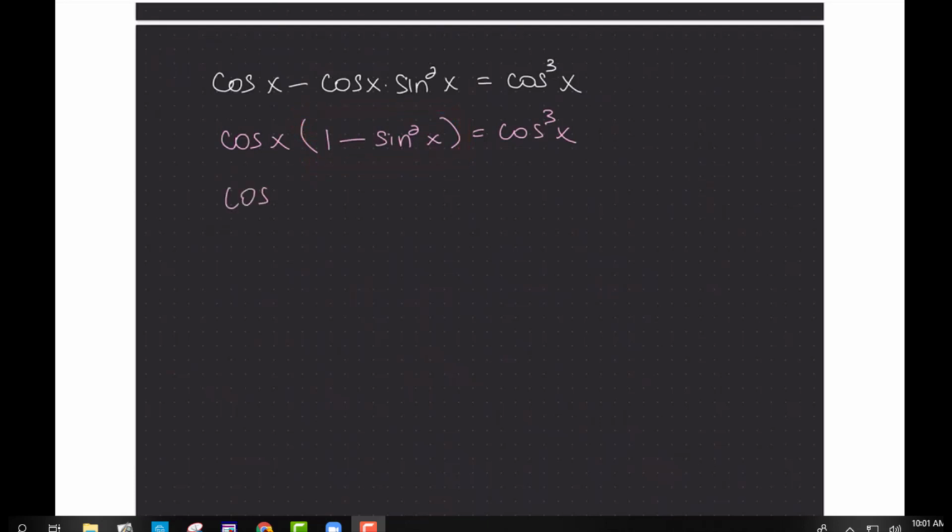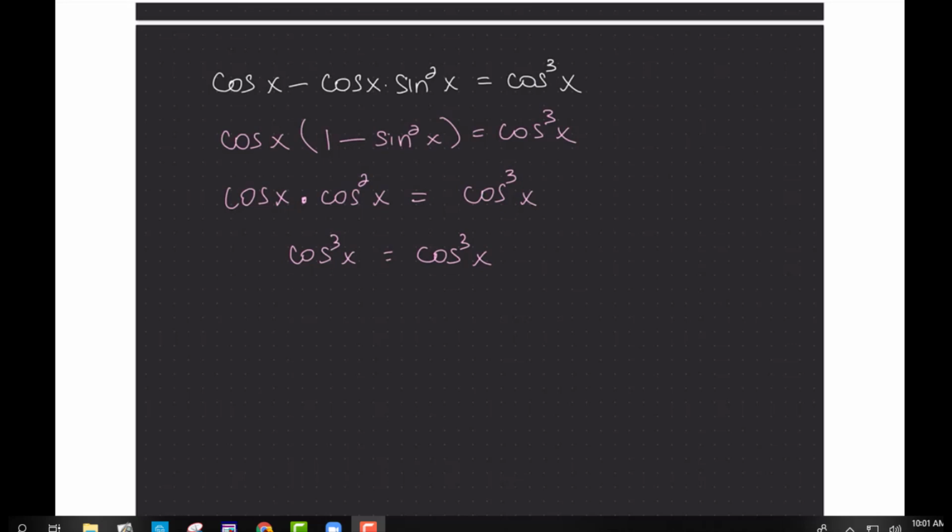So cosine of x, I'm going to make that substitution of cosine squared of x, and we want to hopefully prove that that equals cosine to the third of x. Cosine times cosine squared is cosine to the third of x. And that equals cosine to the third of x. So we verified that those two statements are equal, right?